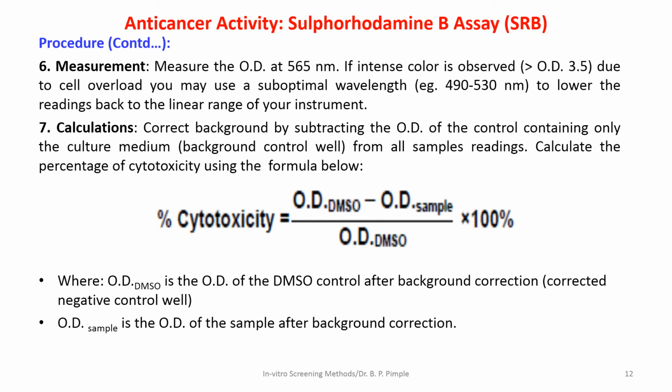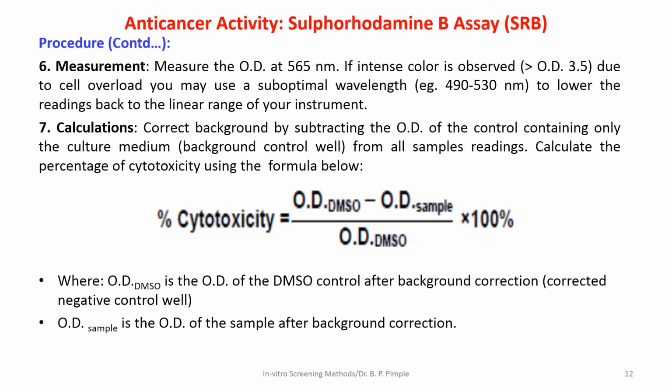So now this is the way how we determine the cytotoxicity, and we are using 8 different wells for a single test sample. That means we are repeating this 8 times simultaneously, so that minimum errors are there.